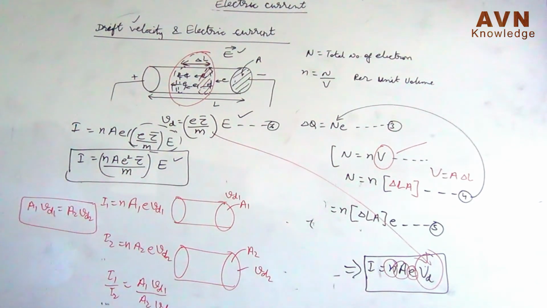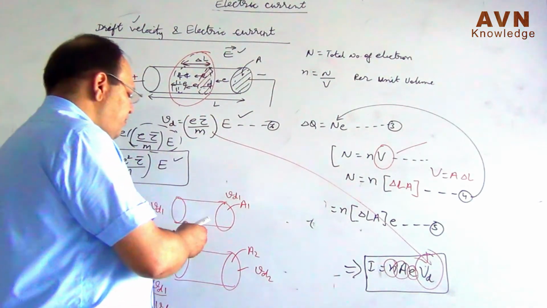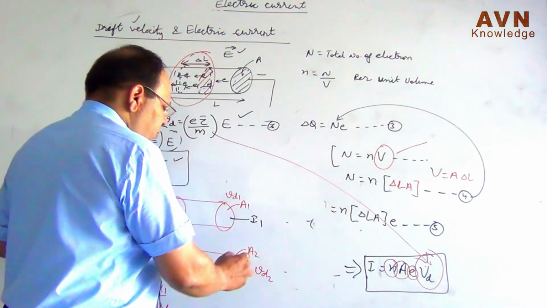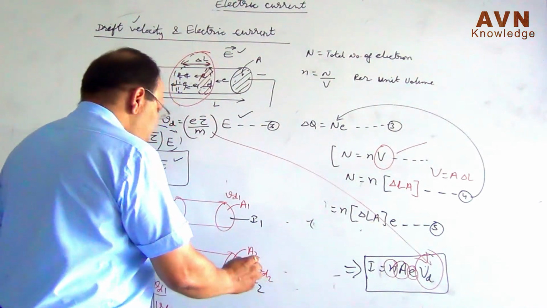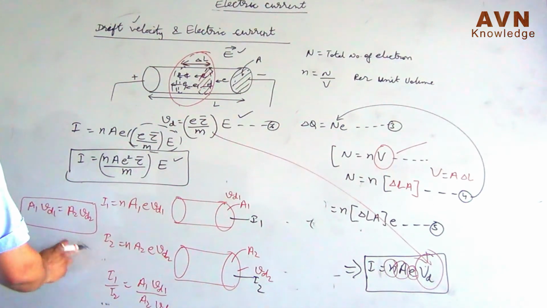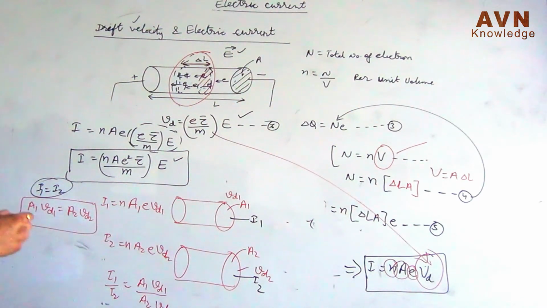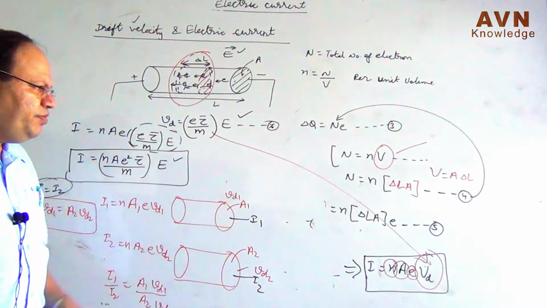So the flow of current in this cross section area is I1, and this section is I2. If we consider I1 equal to I2, this term comes from when I1 equal to I2. If the current is same, then the flow of electrons in this cross section area will be same.